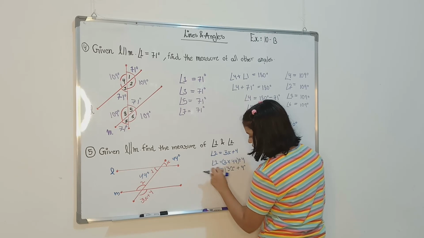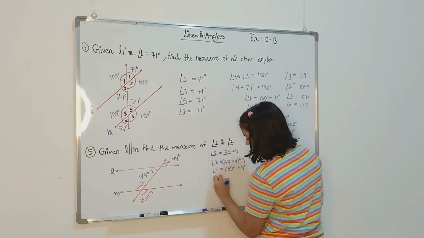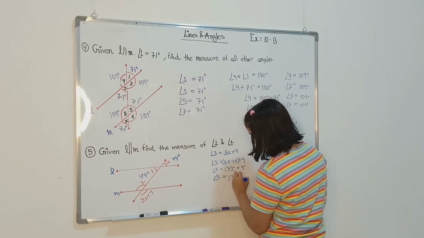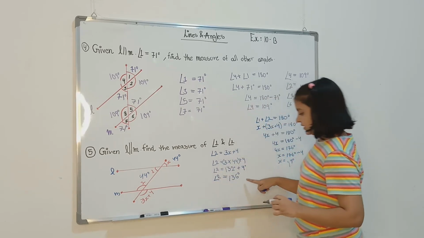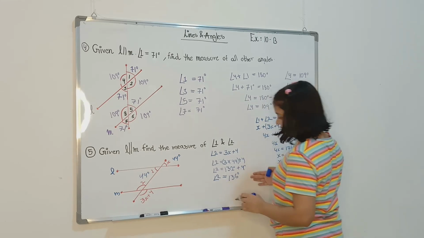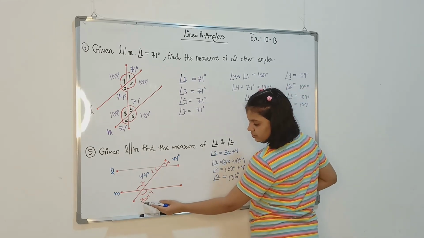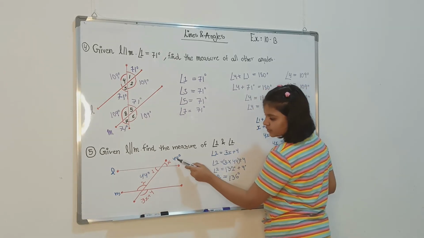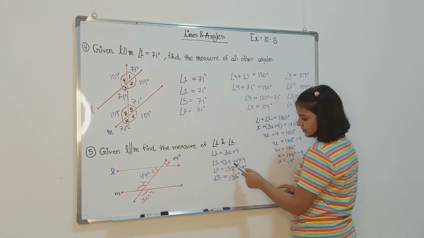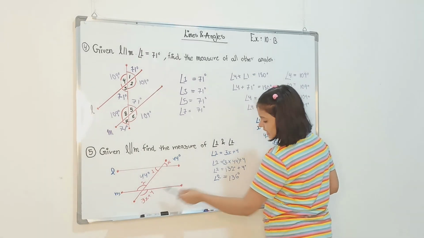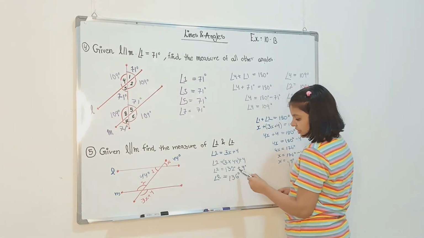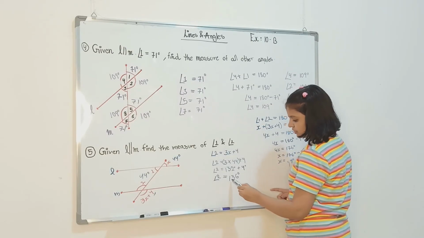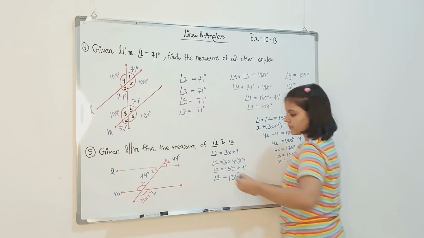So angle 2 is equal to 136 degree. Here what we did is angle 2 was equal to 3x plus 4, where 3 is multiplying with x and our x was 44. So it was 3 into 44, and first we got 132 degree plus 4, and now angle 2 is equal to 136.